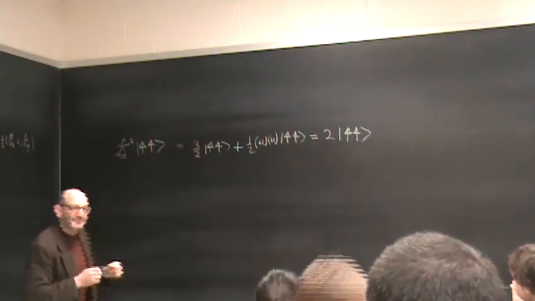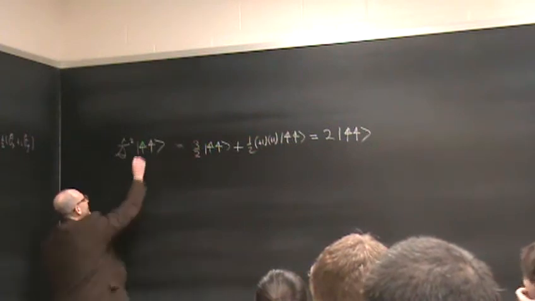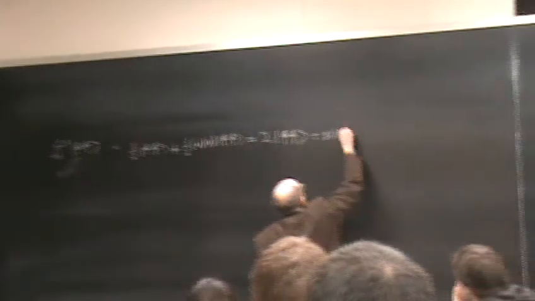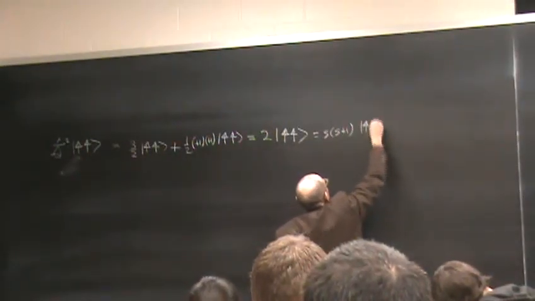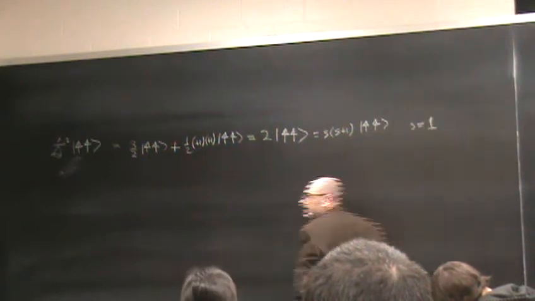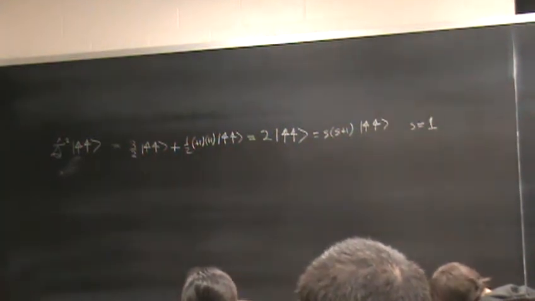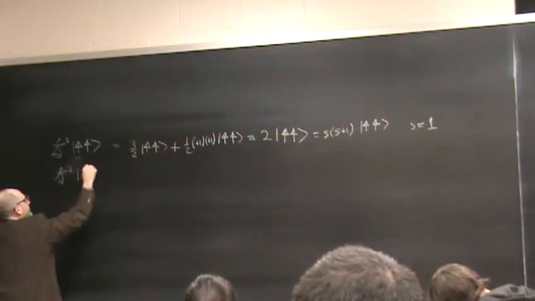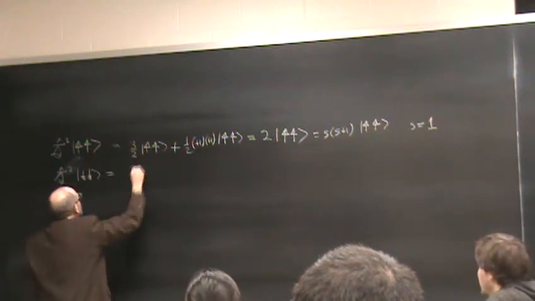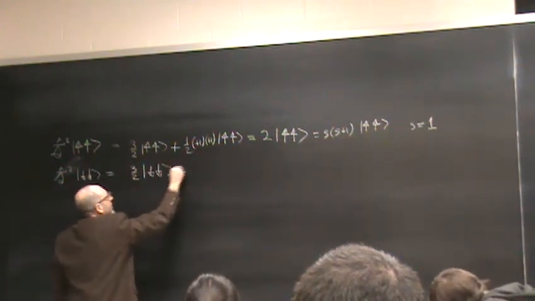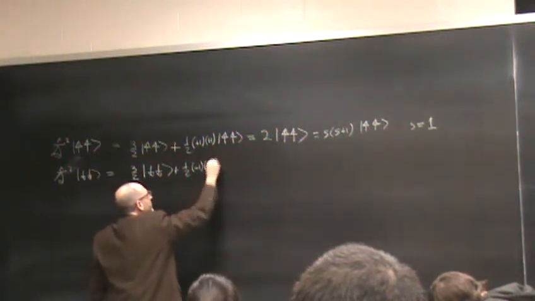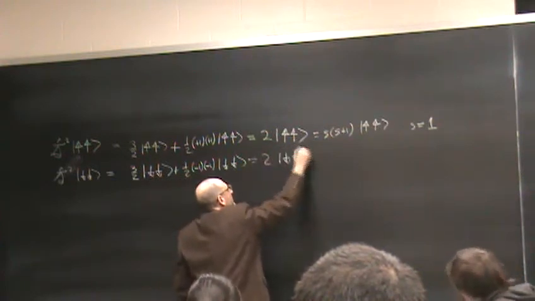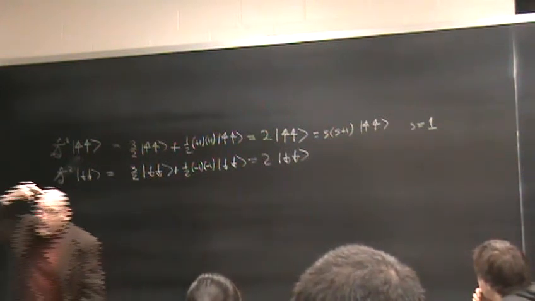That's why it's not a surprise, if you know what you're looking at. And similarly, on the down state, this is 3/2 plus 1/2. Minus 1 times minus 1 is also plus 1. So this is also 2. And that kind of made sense.